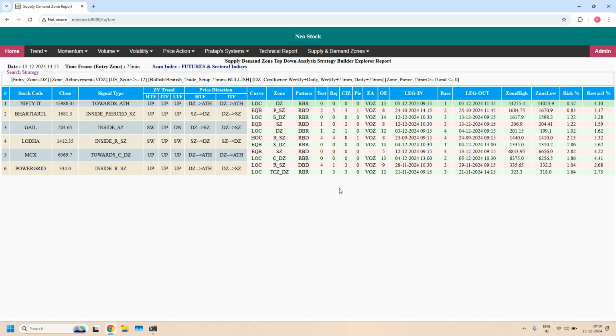In these 6 stocks, these 75 minutes demand zones are part of the daily demand zone, both together again part of the weekly demand zone. And weekly trend is up in 4 stocks. If those 4 stocks are having weekly EMA confluence, they are even more high probability trade setup supported stocks. Let us verify.